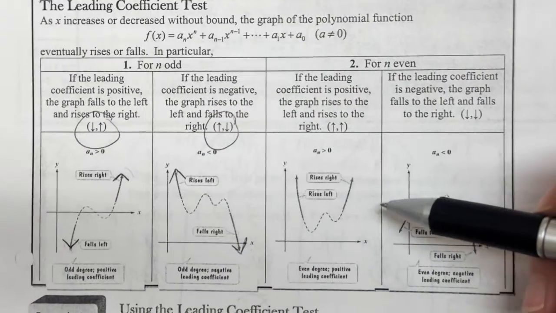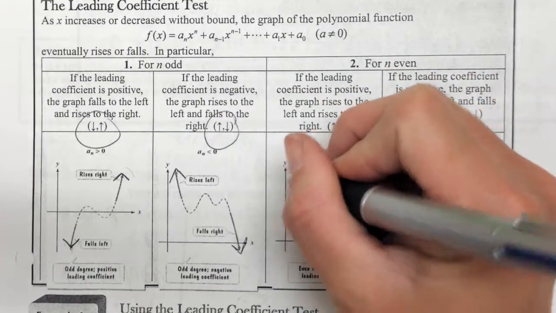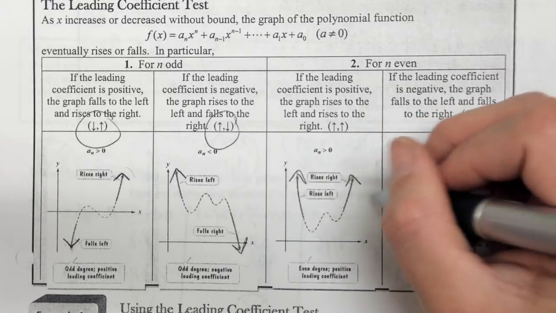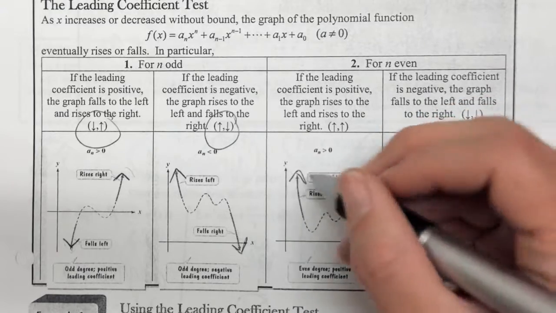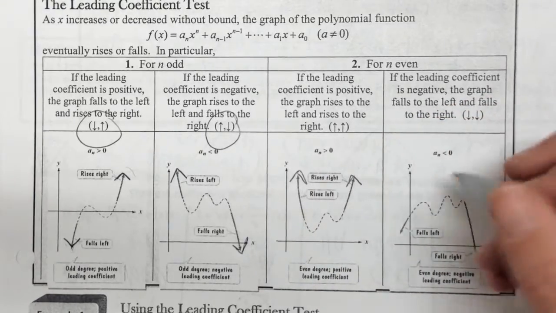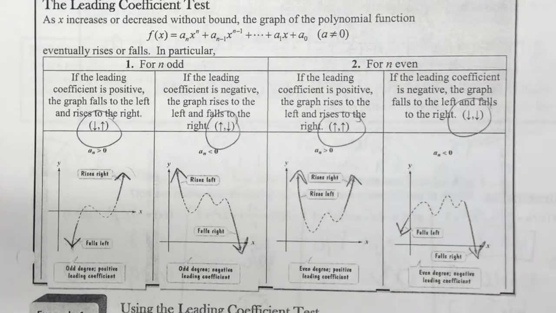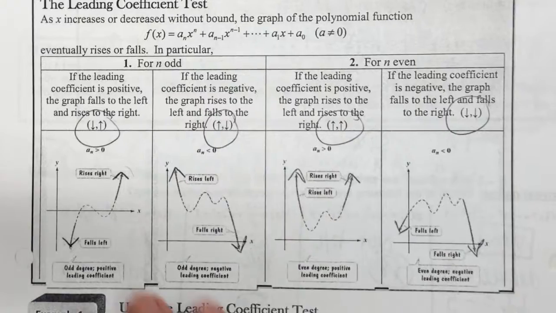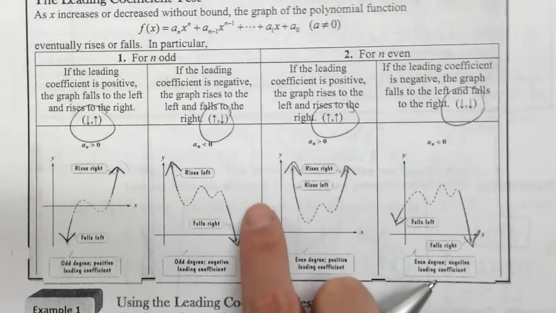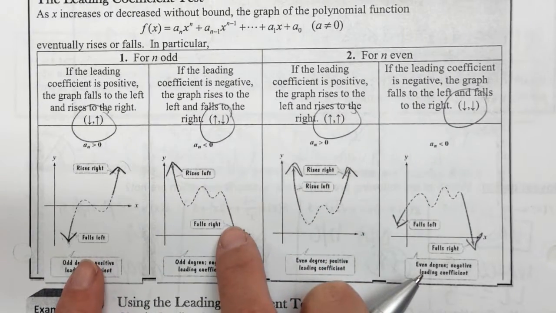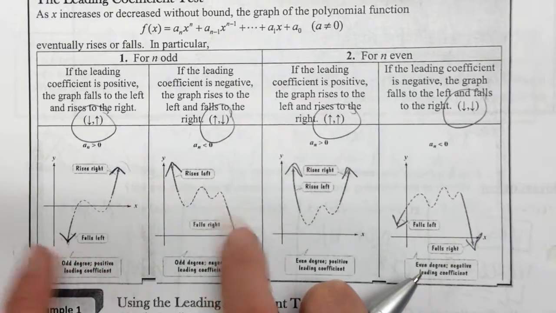Okay, even functions are the same. They go in the same direction on both ends of the graph. See, these are both going up. These are both going down. So the end behavior is the same. That's how you know it's even. So that's the difference. Now, for odd functions, what makes it turn like this?